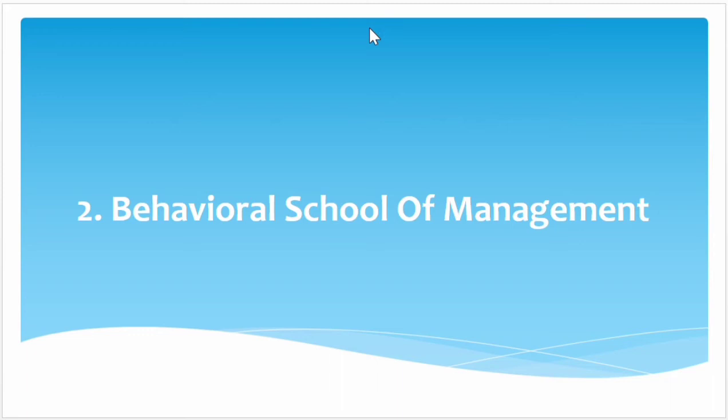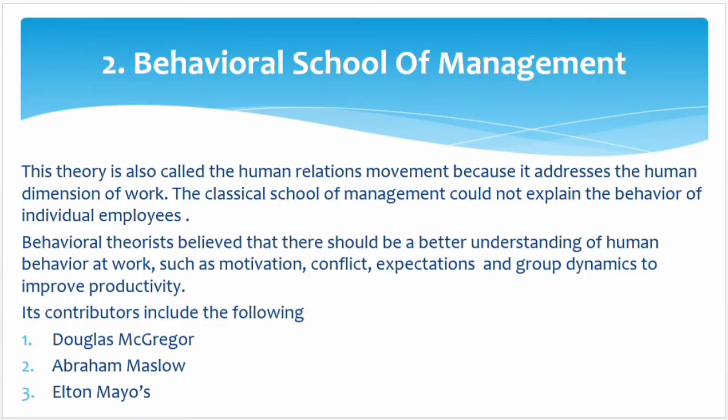The behavioral school of management is the second thing that we shall look at. This theory is more about studying human behavior: how every human behaves in their workplace, what motivates them, what are their expectations, what may bring conflict, basically why people behave the way they behave in companies.